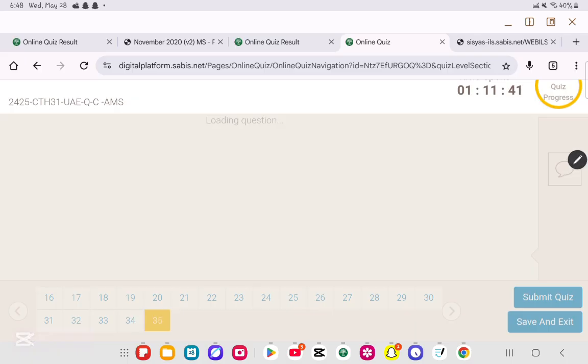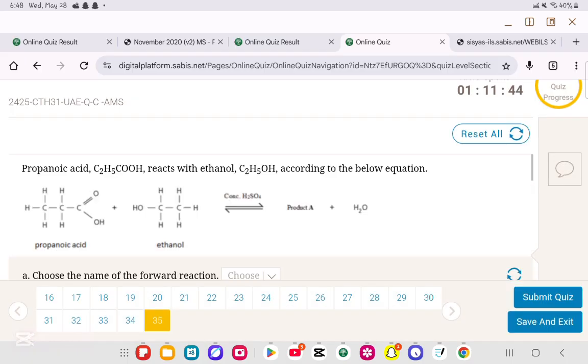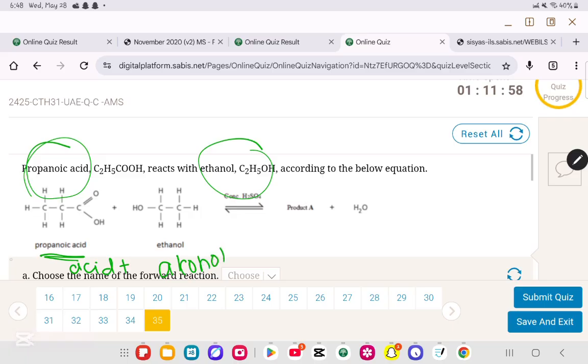Now finally, the last question. Question number 35. Propanoic acid reacts with ethanol according to the below equation. When a carboxylic acid reacts with an alcohol, it will form product A, which is known as an ester.